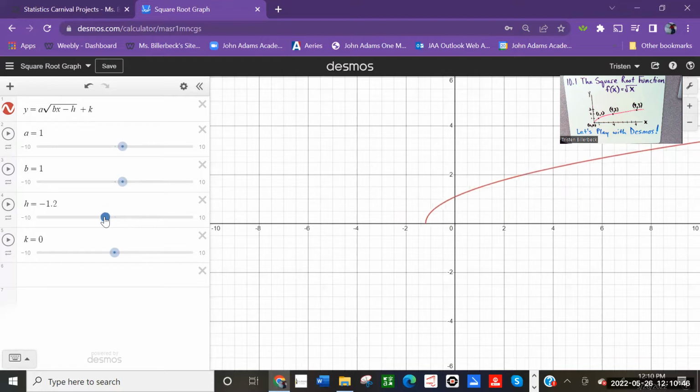Okay, nothing changes with the h, k. And the k is self-explanatory. It's just going to raise it up vertically and take it down vertically. All right, so it's just the same old, okay? You keep this format, know this format, know what it does to your graph, you're set.